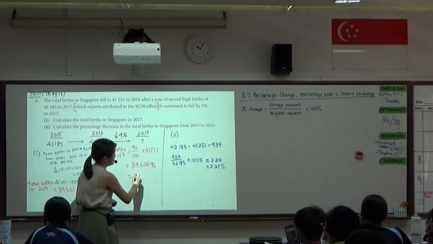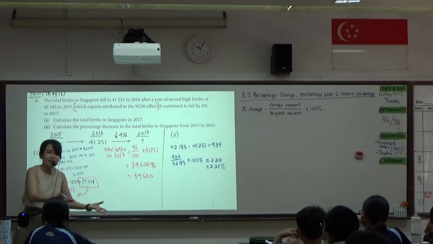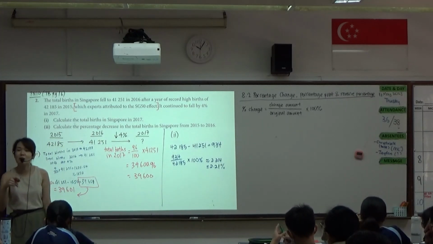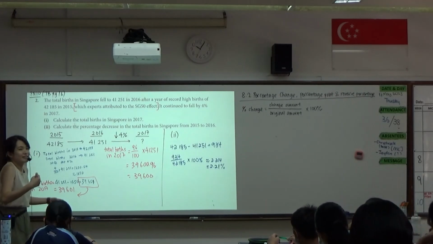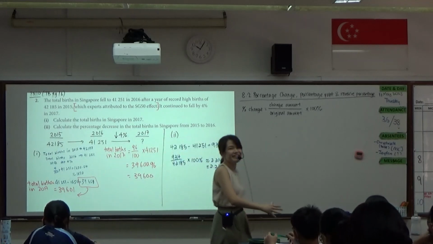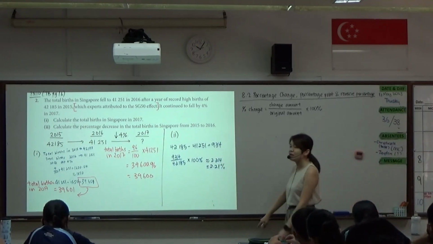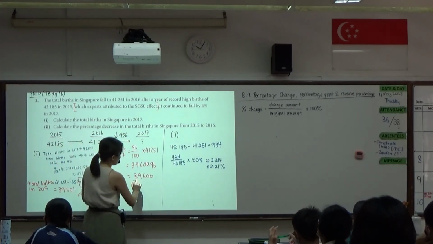So therefore, only 39,600 births are out. In this particular context, we should consider rounding down rather than rounding up, because rounding up means that the birth is already out. So we have to understand the context and the situation. We don't always round up as per the rules itself. So round down.